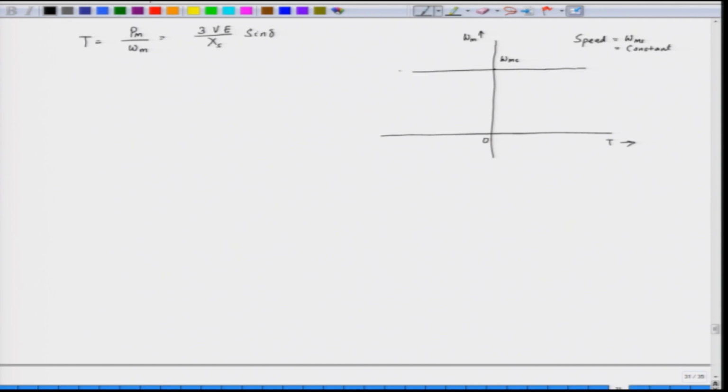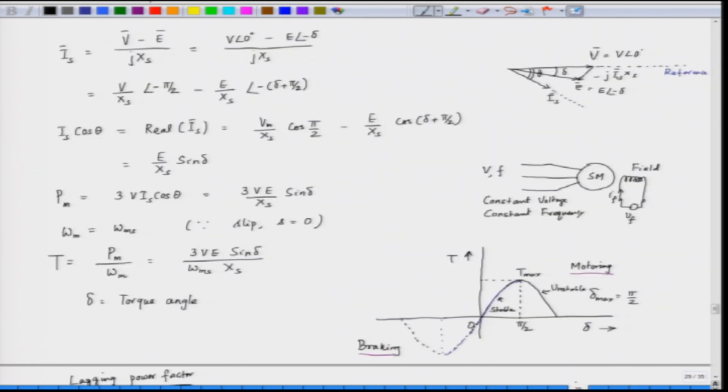This can operate at constant speed, but the maximum torque is T maximum. So, what is the T maximum? If we go back, this value is T maximum, and it can operate under braking mode and we can operate up to minus T maximum as well, which corresponds to delta equal to minus pi by 2.